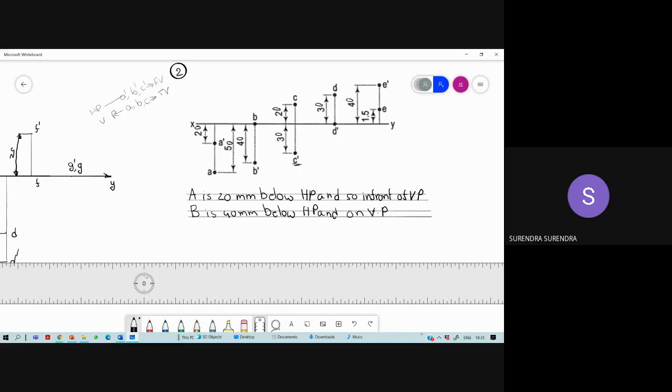As the front view is below the XY line, point C is 30 mm below the XY line. So write it: point C is 30 mm below HP.